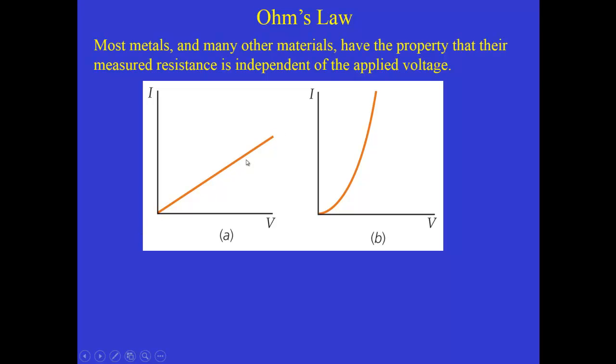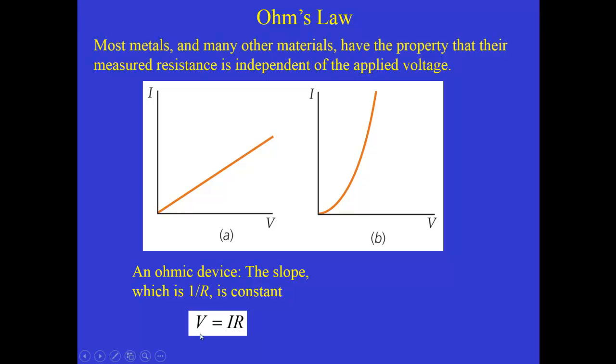And if that's a straight line, then the slope of that line is constant. And that's a statement that says the device behaves where the resistance does not depend on the applied voltage, because the slope of this is 1 over R. And if that slope is constant, then we can say the potential difference across the device is equal to I times R. This is Ohm's law.